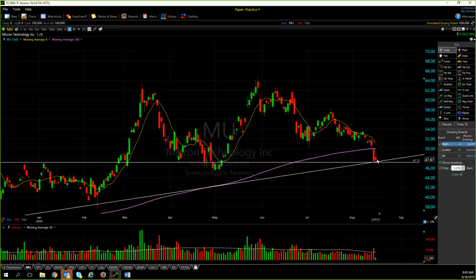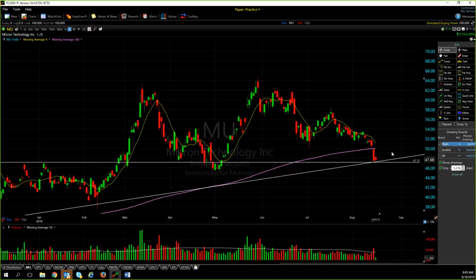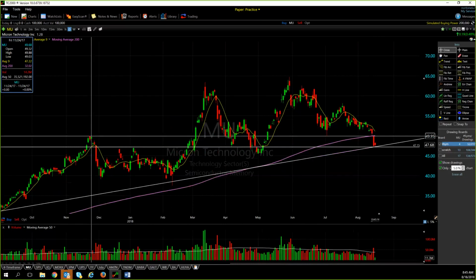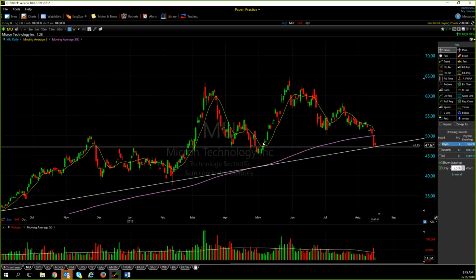I actually could see, as it holds support here, the stock make a little bit of a bounce, and it would make sense to come up near the 50 line. We have seen some good action along this 50 line before, which makes sense because it is a $10 amount. 50 is a big deal.